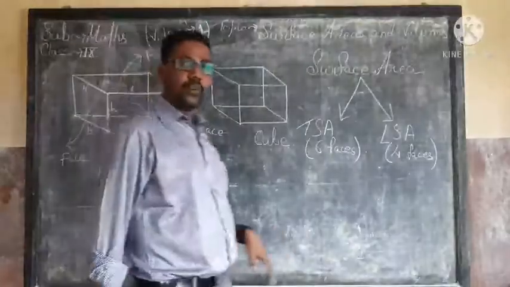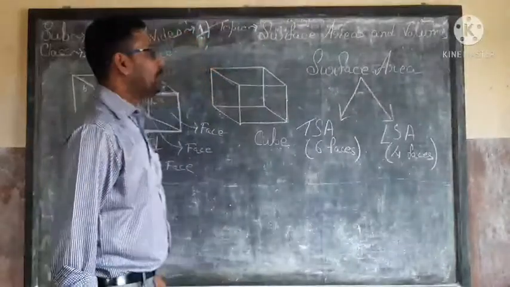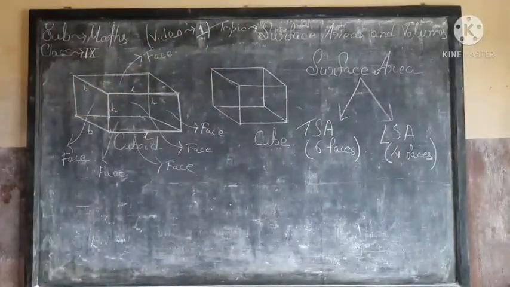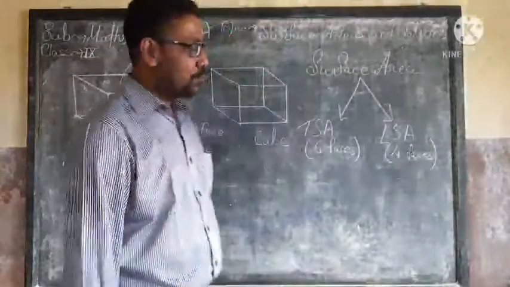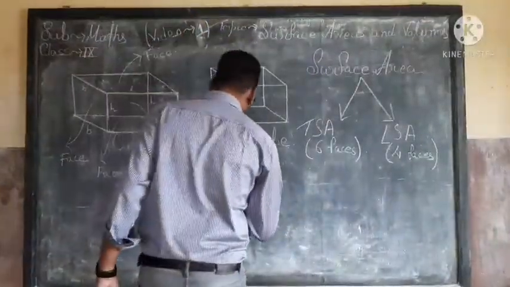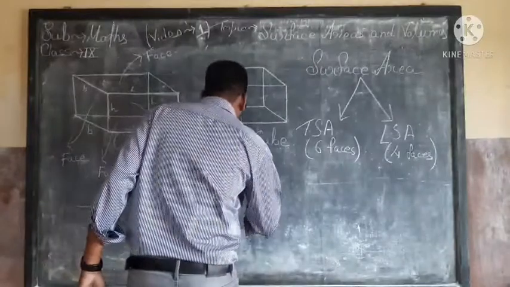That is the basic difference between the total surface area and the lateral surface area for the cuboid and the cube.